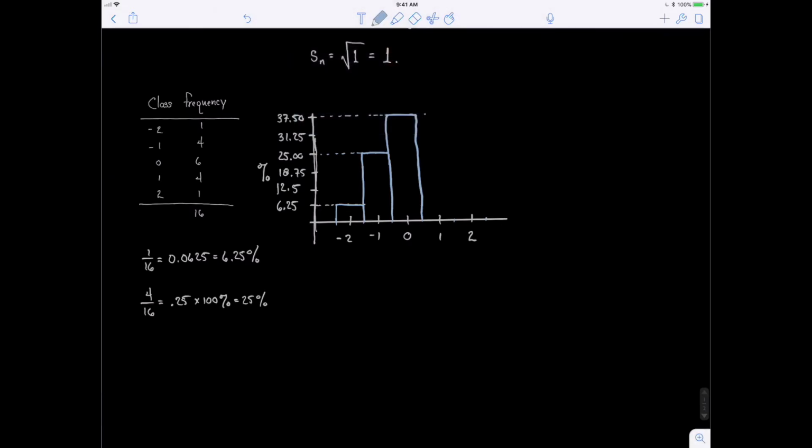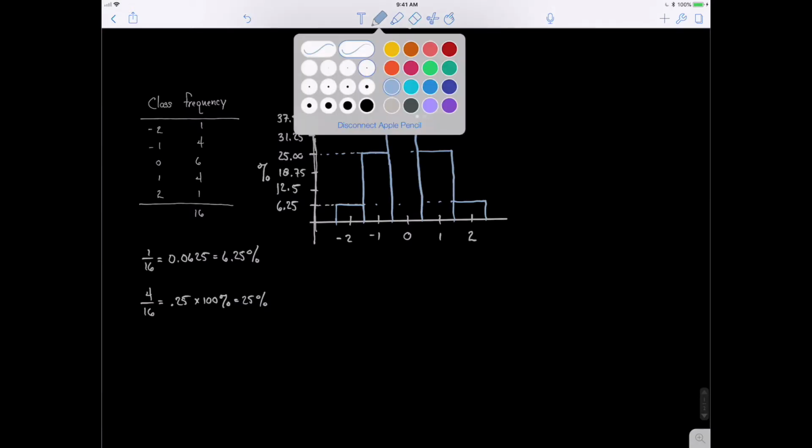Now, let's try our last one. Our last two continues over here. We have one. Our next one is the class containing the ones. And our final one here is this one. Now, here's where the ideas we've already played with, but we're going to try them again. I'm going to use a little bit different color here.